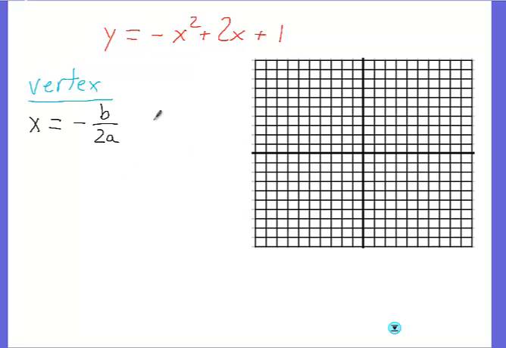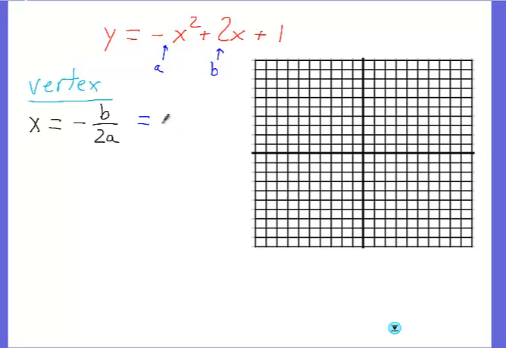So the way you find the vertex is you first need to find the x-coordinate. The way you do it if you're in standard form is the x-coordinate is equal to negative b over 2a. Okay? So if we're talking about our problem, this is b, this is a.